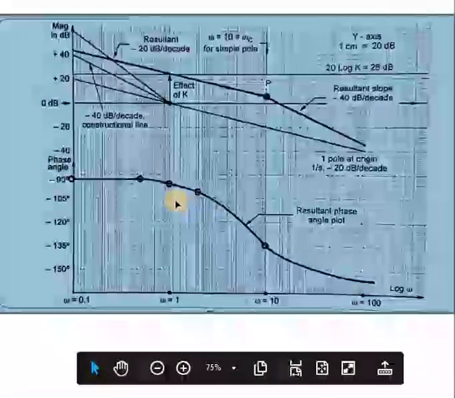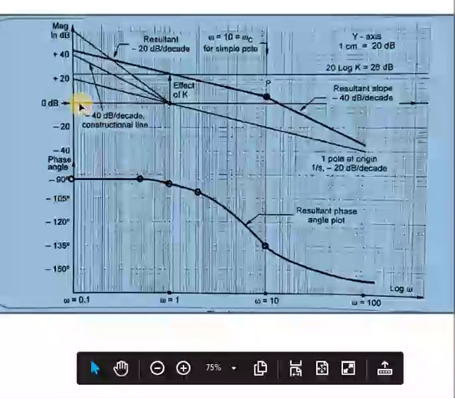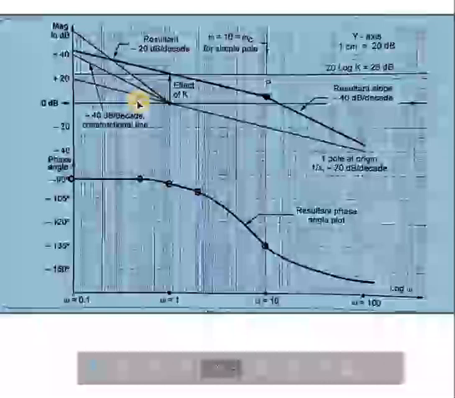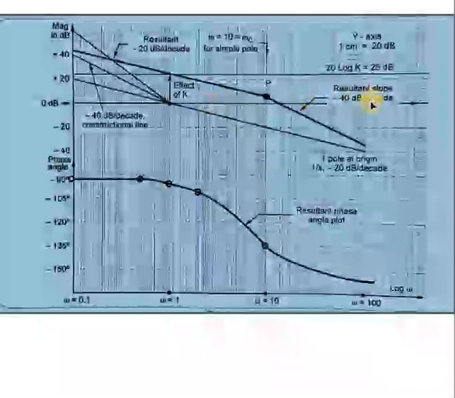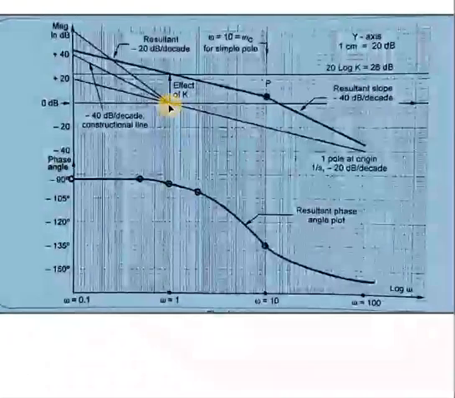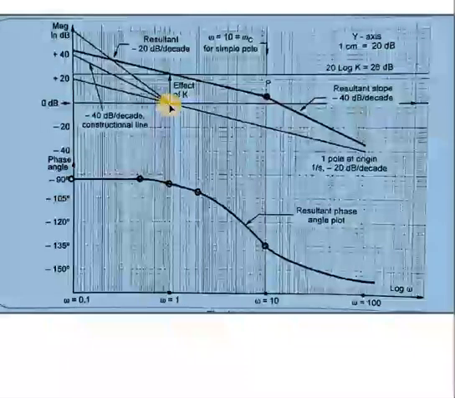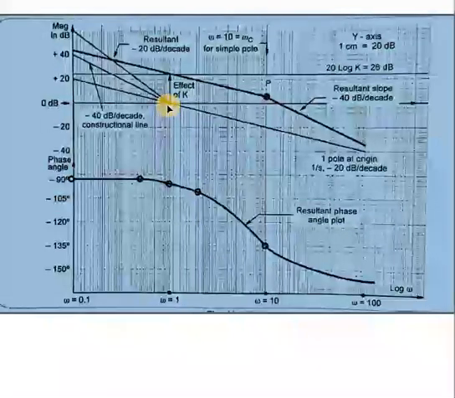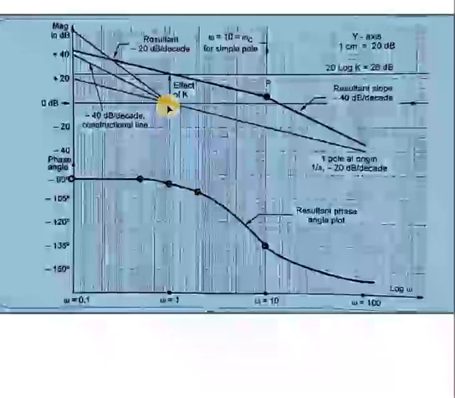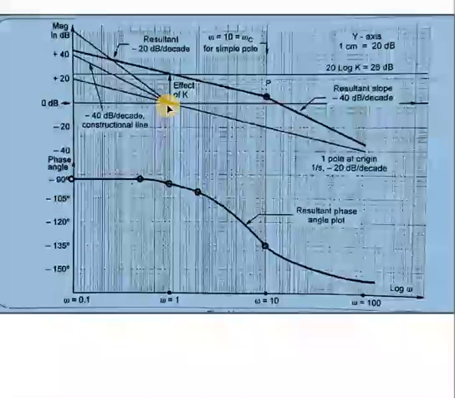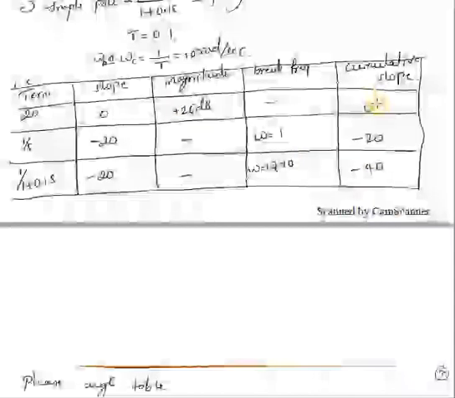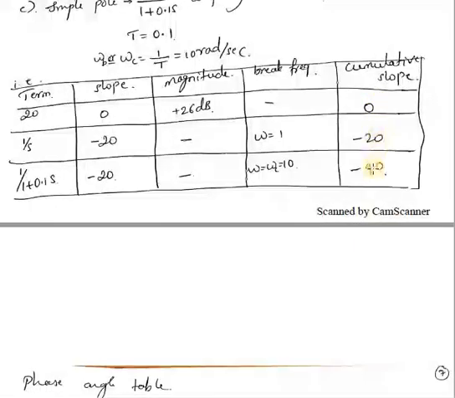Okay, so in the first step, after drawing this 0 dB line, first you mark a point on this 0 dB line where omega equal to 1. Okay, so this is the origin point. From this point you need to draw the slope lines. So for the first one, it is 0, minus 20 and minus 40 are the slopes.